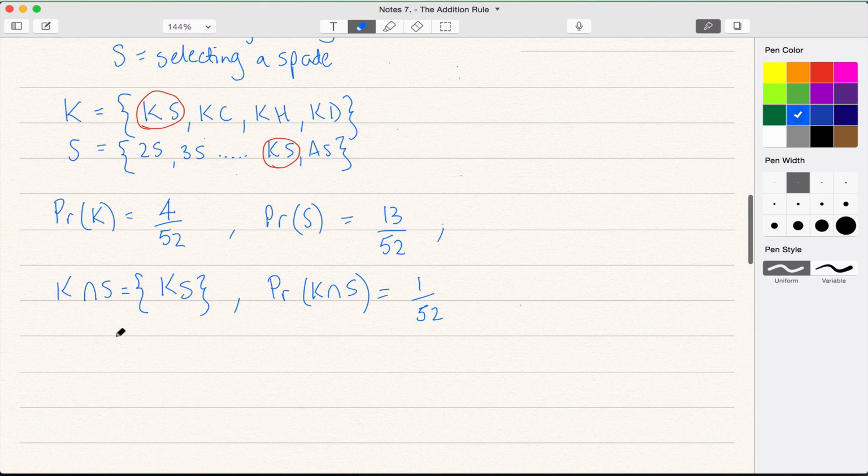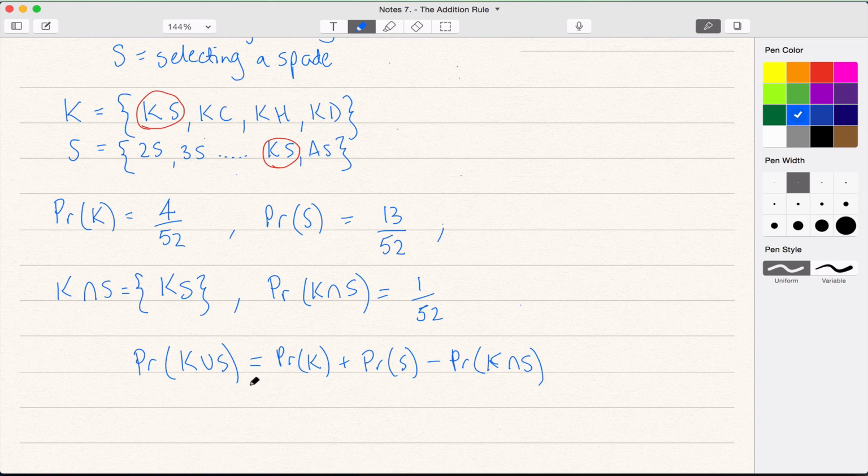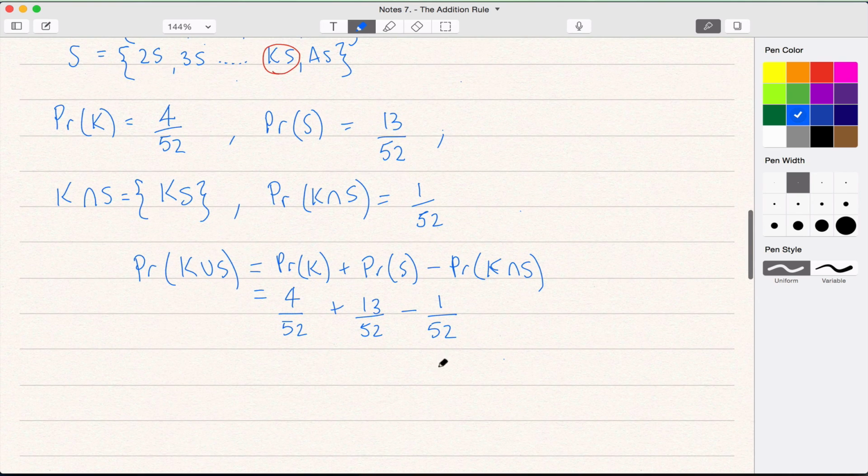Next step is to write our addition rule. Probability of K plus probability of S minus probability of K intersect S equals probability of K, 4 out of 52, plus probability of S, 13 out of 52, minus probability of K intersect S, 1 out of 52.